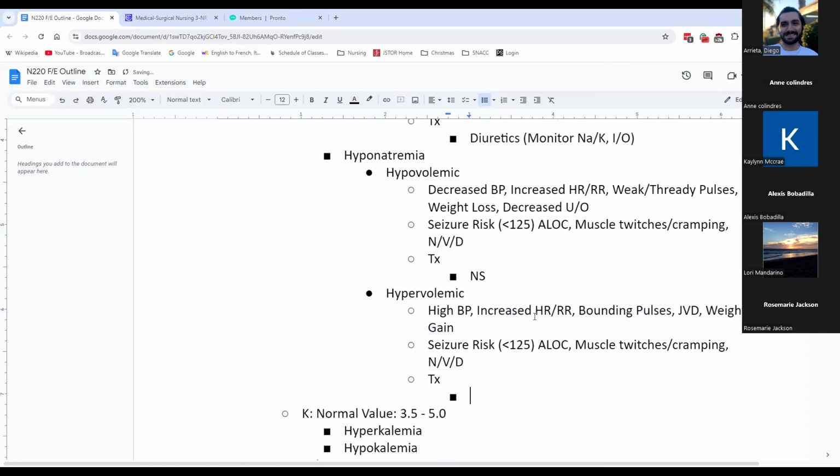So what are we doing for someone that has a high amount of fluid and low salt? Or high fluid and low salt, rather.